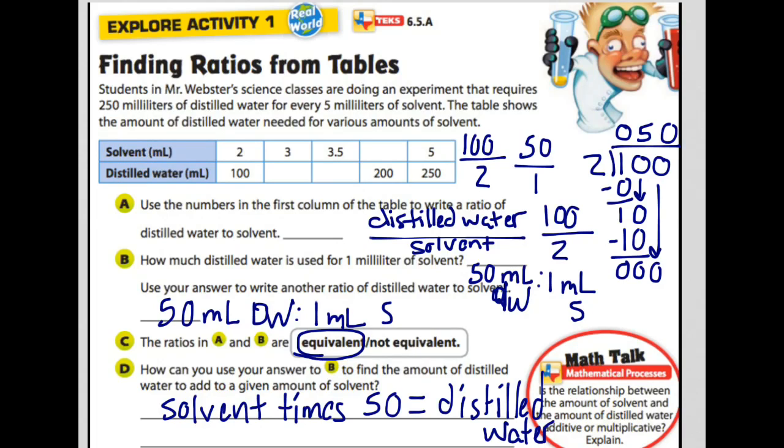So 3 times 50 is 150. I know that 4 times 50 is 200, so I'm going to put 4 up here.